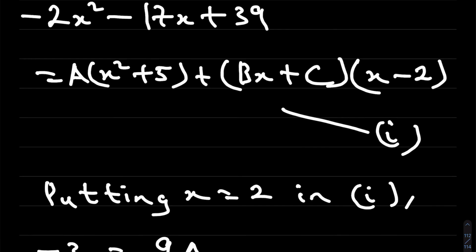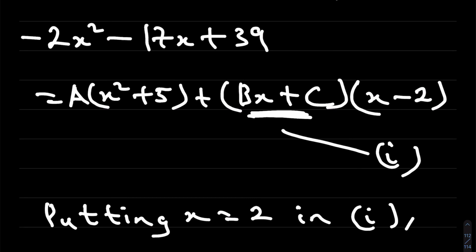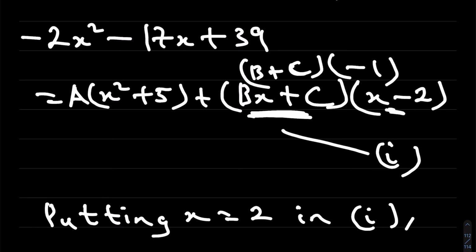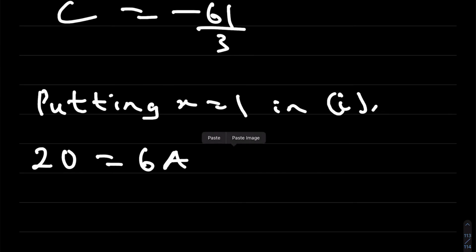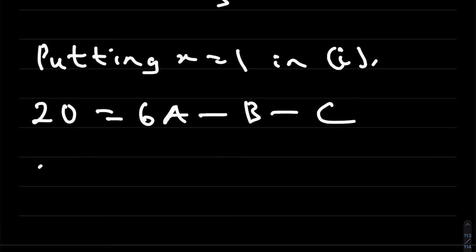And what does this become? This will be b plus c times 1 minus 2, which is minus 1. So that's simply minus b minus c. The second term will become minus b minus c, which means 20 equals 6 into bracket.